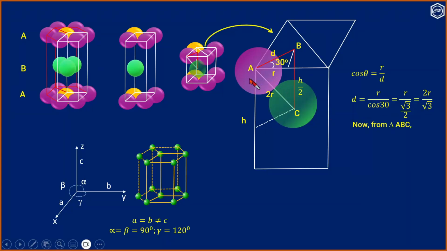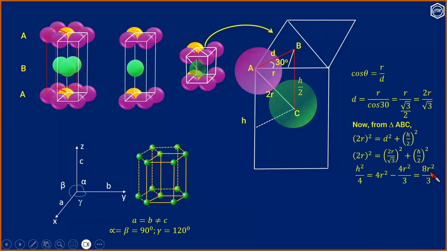Now from the right angle triangle ABC, 2r square is equal to d square plus h by 2 square. This is half of the height of this unit cell, so this distance is h by 2. So that is 2r the whole square is equal to d square plus h by 2 the whole square.